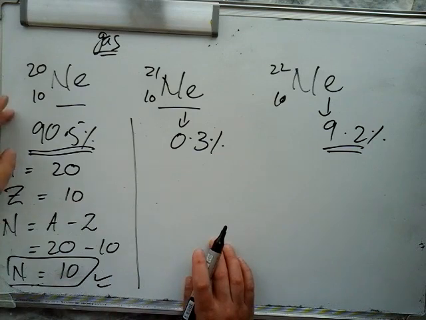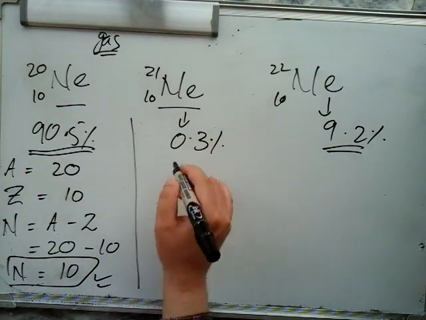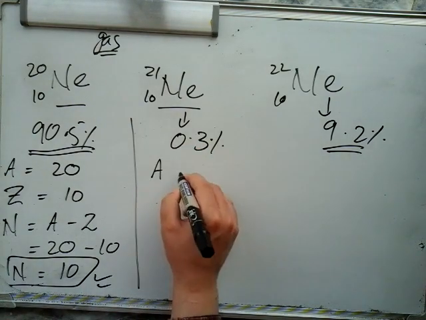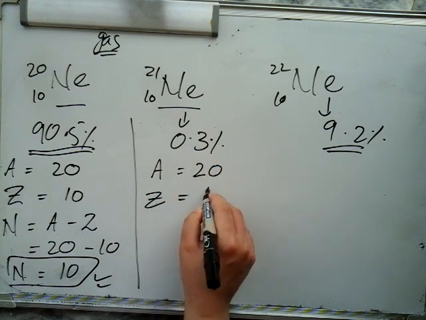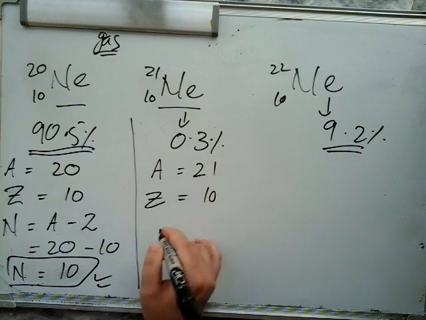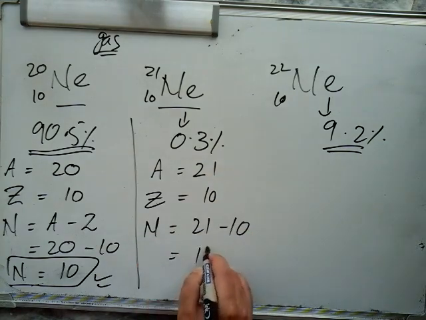We say that this isotope of neon is in abundance; it is present in a large amount. The second neon has mass number 21, atomic number 10, and neutrons would be 21 minus 10, which is 11.